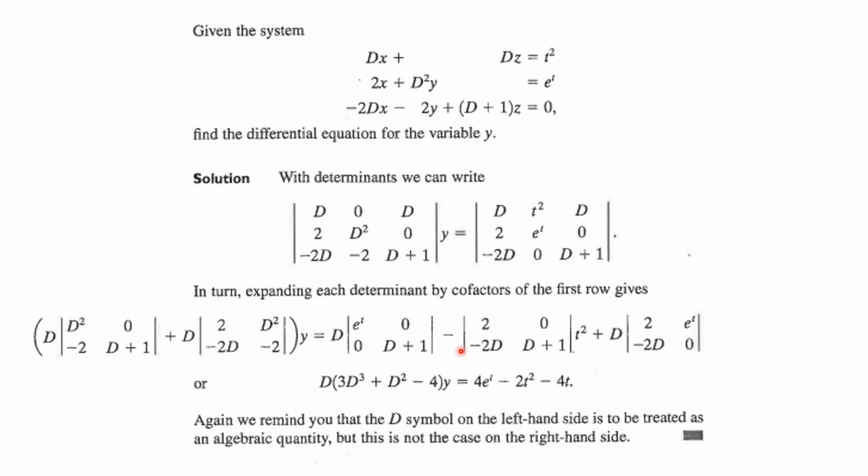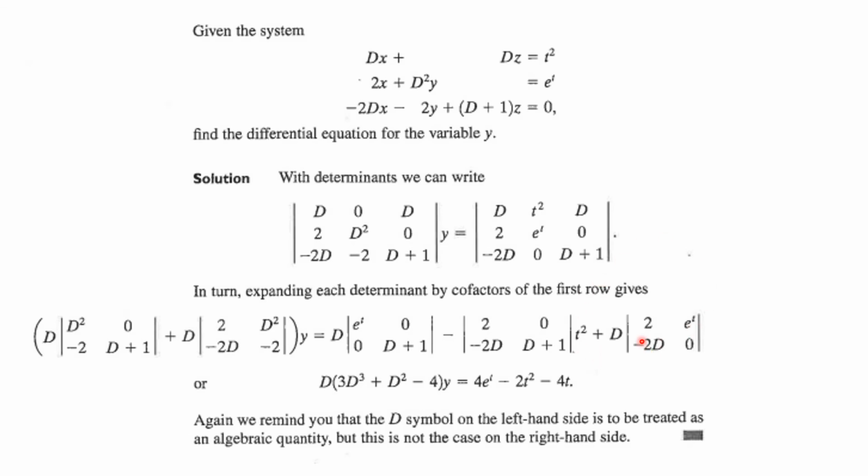and this is going to be, let's see, and we're doing this, so we have, oh, it's -1, and we have that operating on t^2. Okay, so these differential operators are operating on t^2. So you cross out that row and column, and you get 2, 0, -2, D + 1.